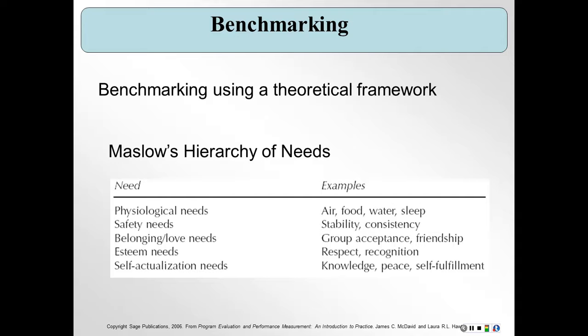There are certainly other kinds of theoretical frameworks and models that are used to assess needs. For example, traffic flow models, weather models. The book talks about models of alcohol consumption. You can talk about models of the occurrence of obesity or diabetes or other health problems in a given group.